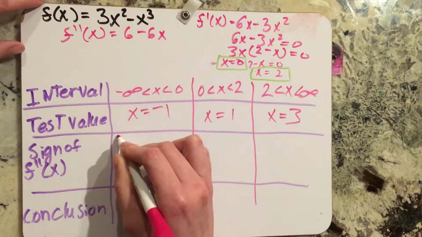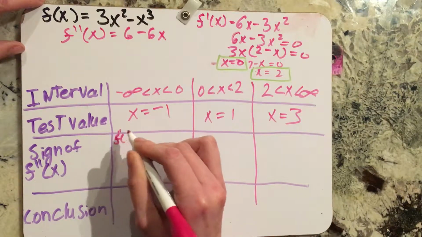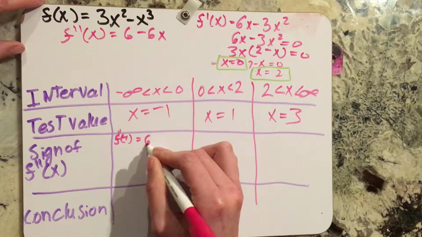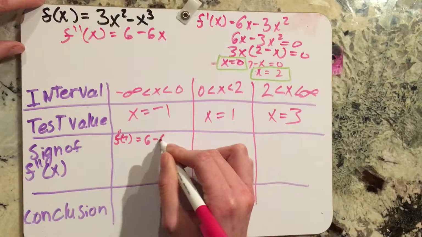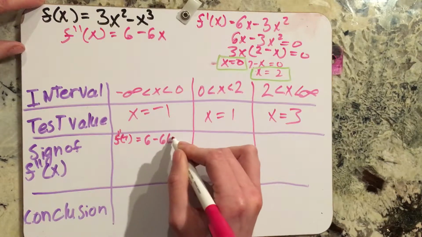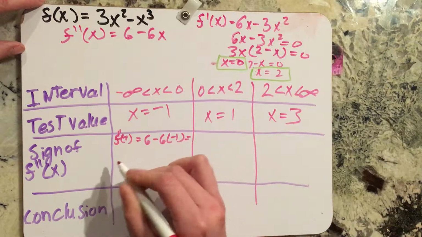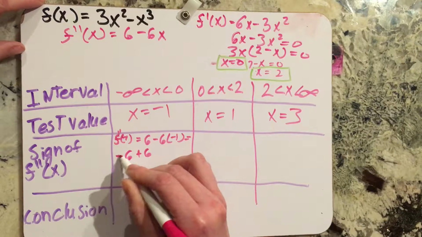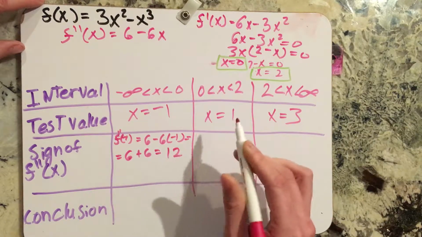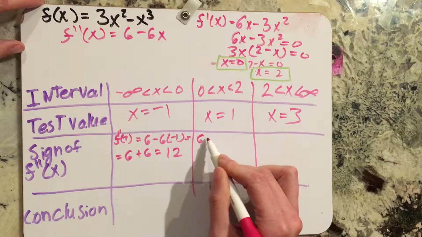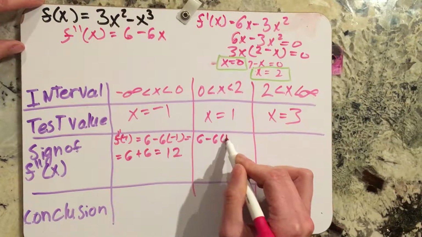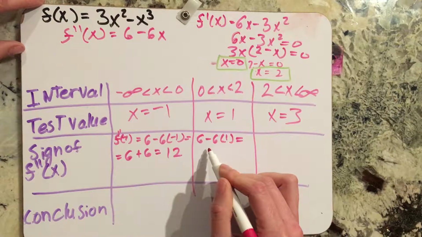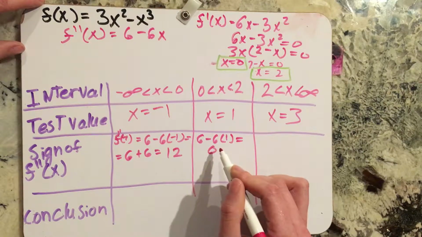So f double prime of -1 is going to be 6 minus 6 times -1, which is 6 plus 6, which is 12. Here we're going to do 6 minus 6 times 1, inputting our test value. This gives us 6 minus 6, which is 0.